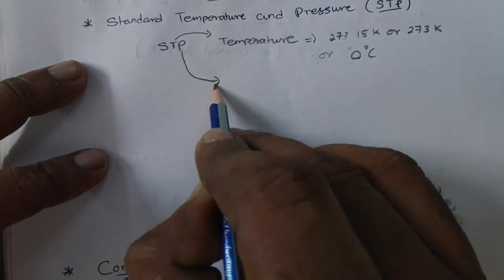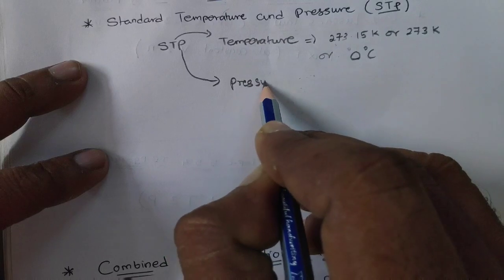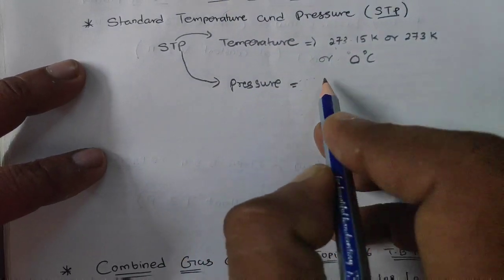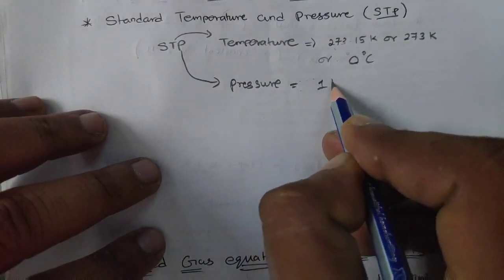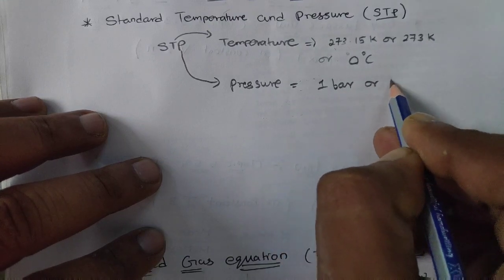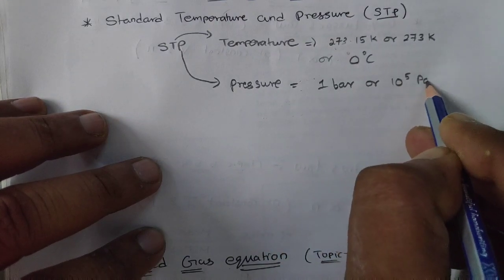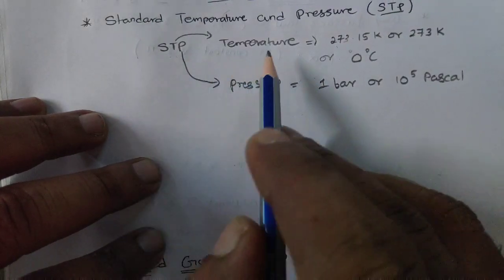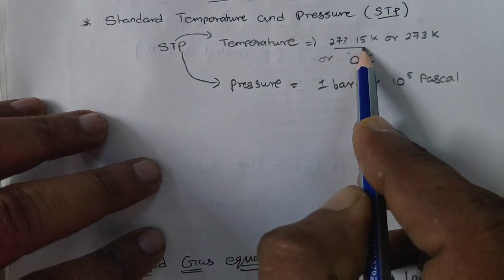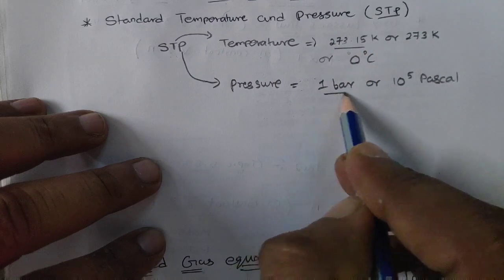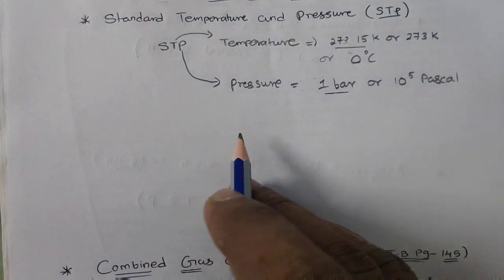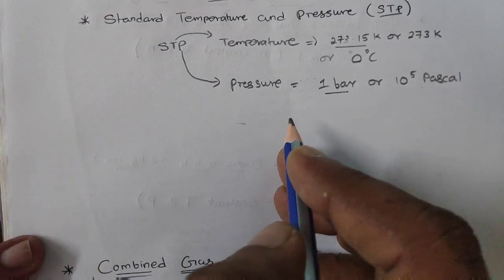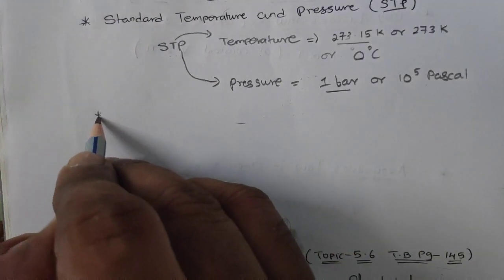And P for pressure, you can take it as pressure 1 bar or 10 raised to 5 Pascal, right? So standard temperature and pressure means temperature will be 273.15 and pressure will be 1 bar or 10 raised to 5 Pascal. Now you have to remember this thing.